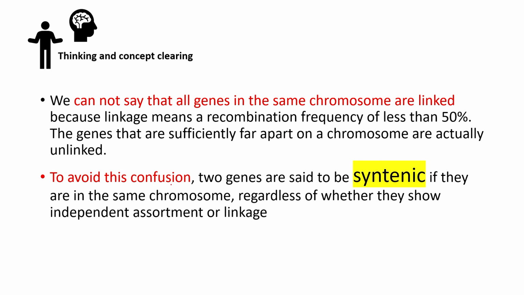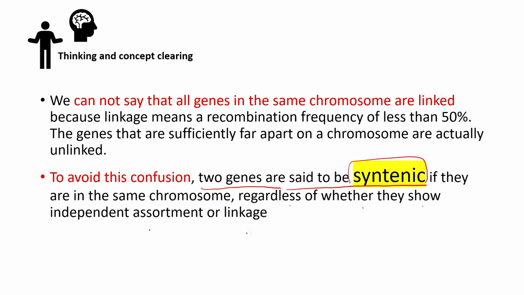So now to avoid this confusion, what we used to say is, two genes are said to be syntenic, right? Remember this word, syntenic, if they are on the same chromosome, regardless of whether they show independent assortment or linkage, right?